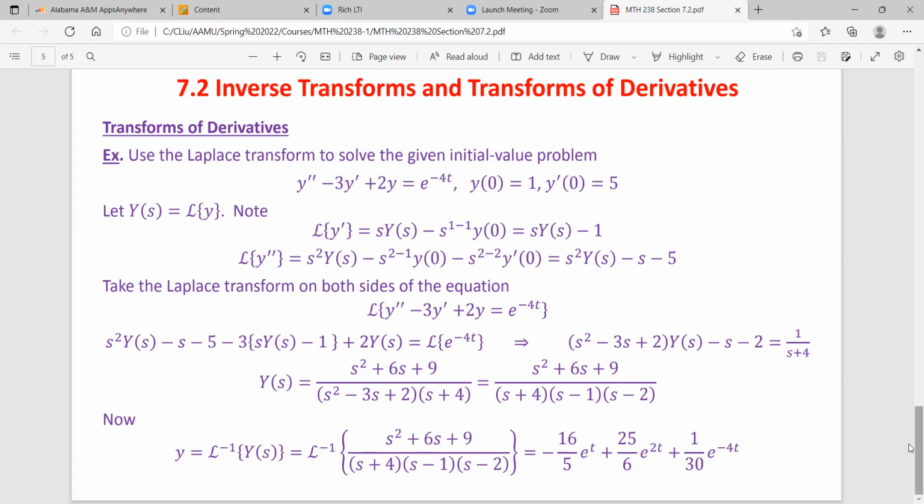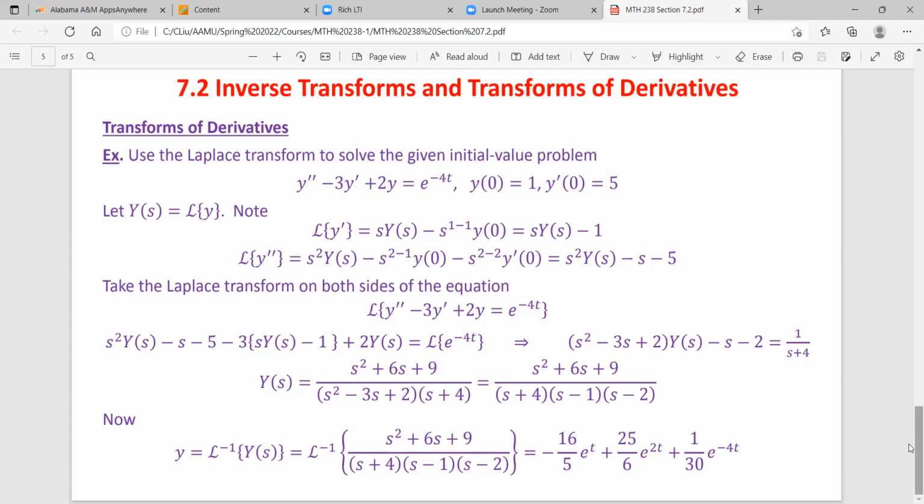You get s squared minus 3s plus 2, and then you are left with negative s minus 2 if you combine the constants on the left side. Now you can move negative s minus 2 to the right, so it becomes plus s plus 2, and then you add that to 1 over s plus 4.